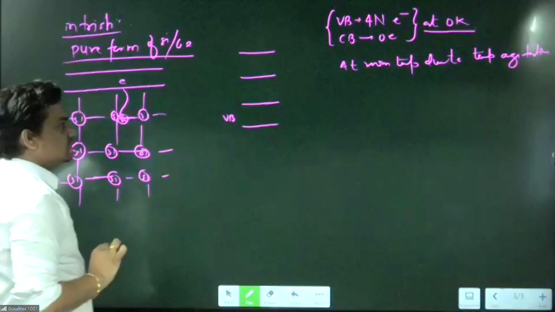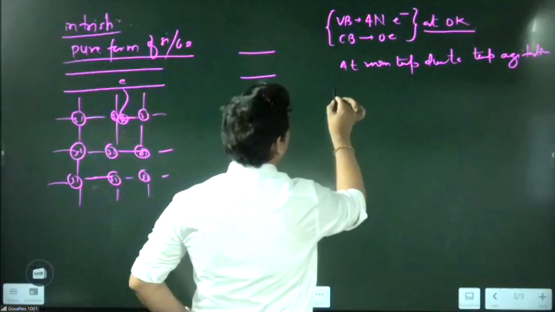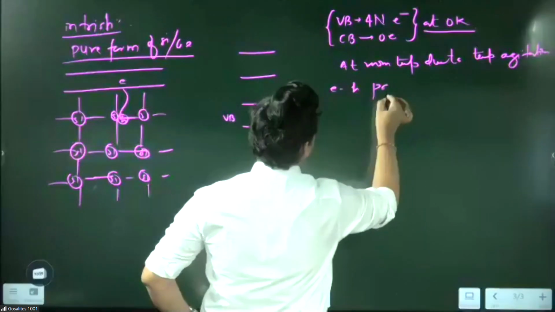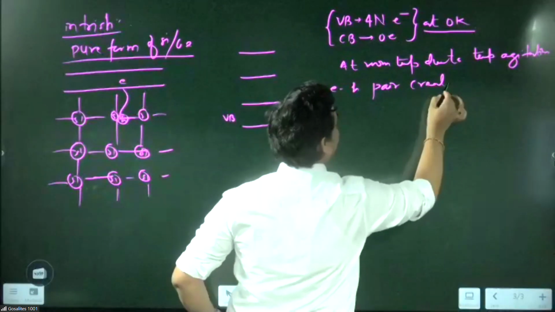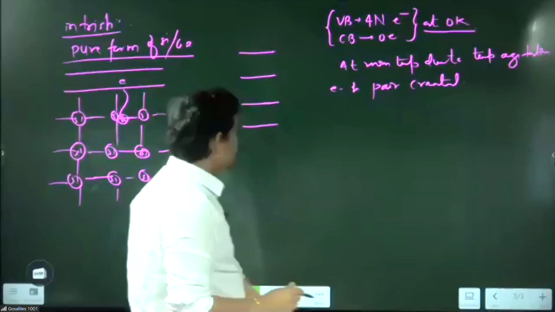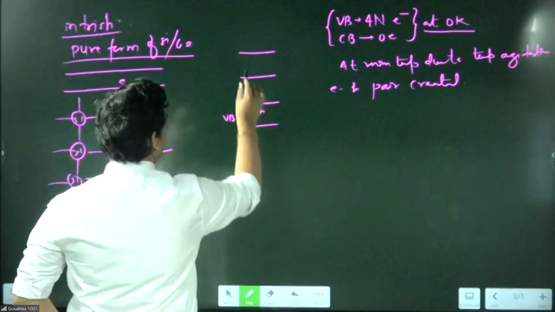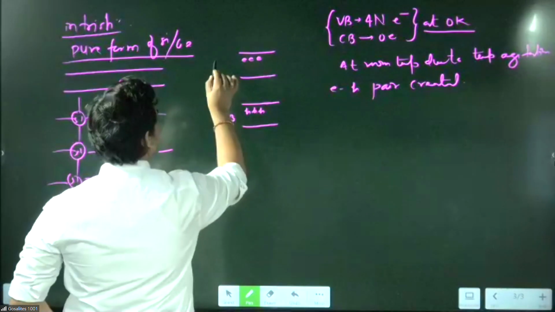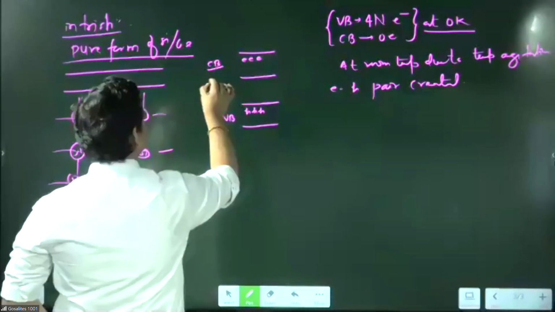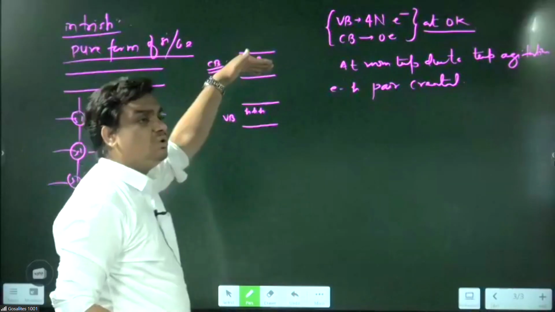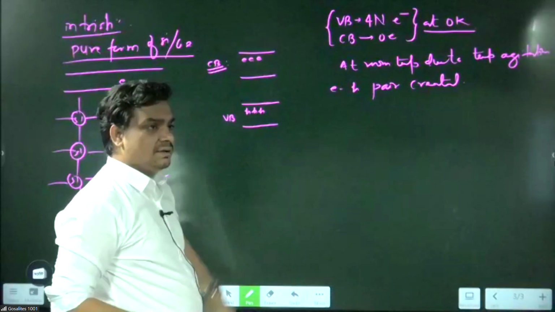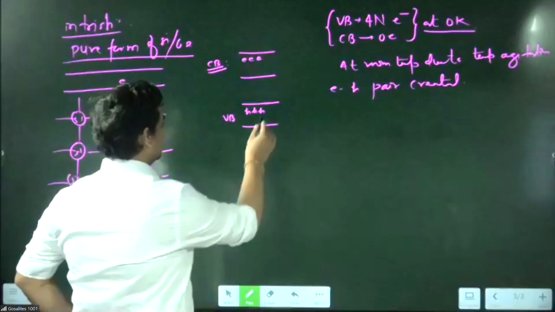So temperature agitation creates an electron-hole pair. Suppose we got three holes, then we got three electrons in the conduction band, moving with more energy.